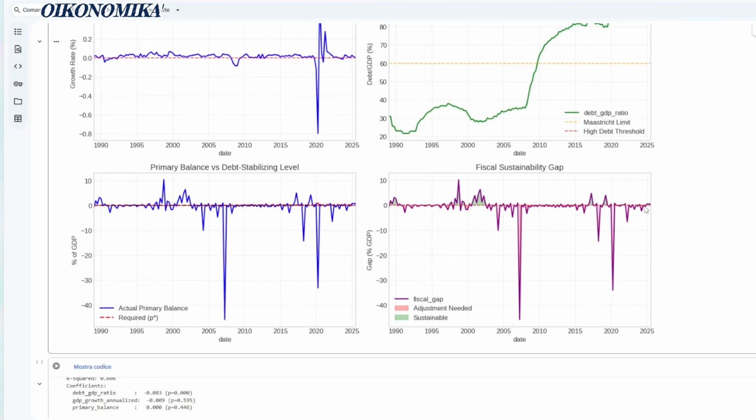Here we see what are the periods of fiscal sustainability gap. We see here how most of the time this pink line means that an adjustment is necessary for fiscal policy in the primary balance to basically stabilize the debt level, okay?